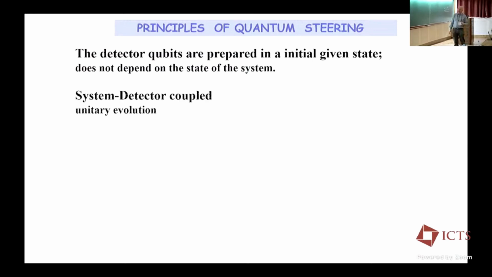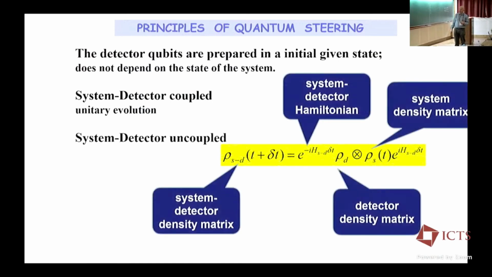So at a certain time, I switch on coupling between the system and detector. I switch on the system-detector Hamiltonian, and let the universe of the system and detector evolve in a unitary manner. And what I have is the following. The state of the system and detector at time t plus delta t, at the end of this interval, this is the density matrix, is given by the state of the two at time t, at the beginning of this interval.